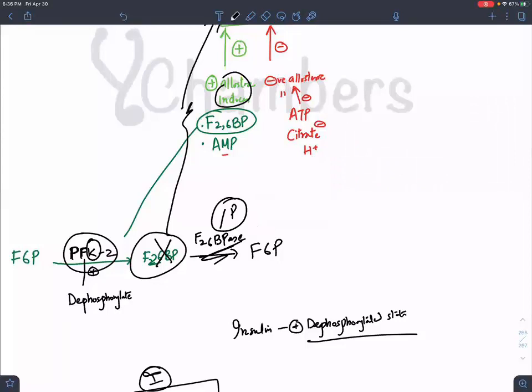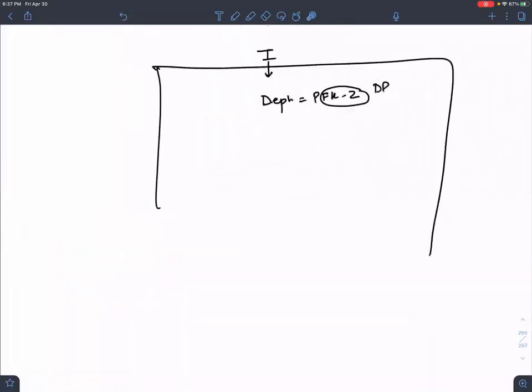True or false? I am talking about these two enzymes, guys. PFK2 is active in the dephosphorylated state, and fructose 2,6-bisphosphatase is active in the phosphorylated state. That is, you have to add more phosphate. Now what will happen? The dephosphorylation of PFK2.